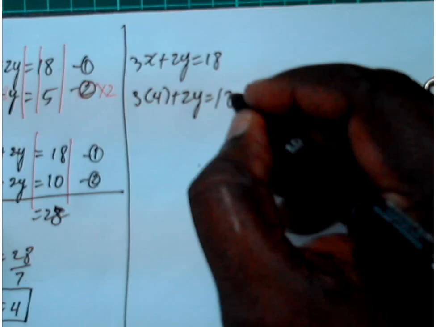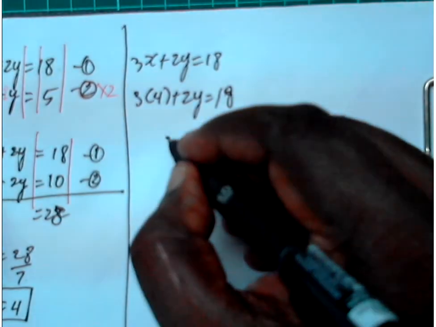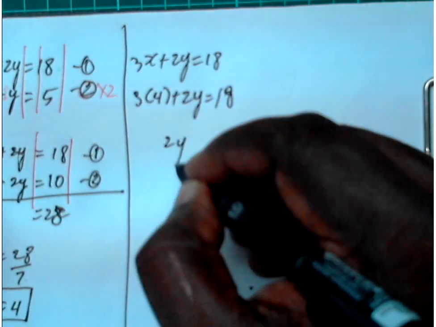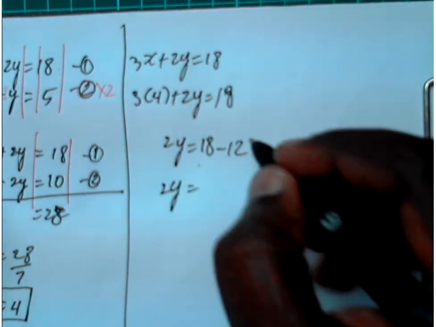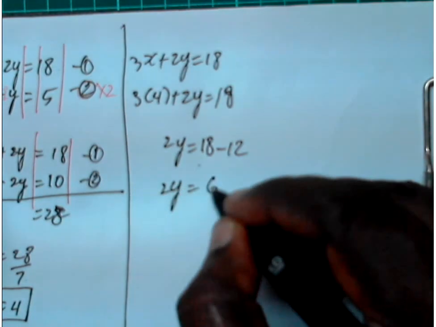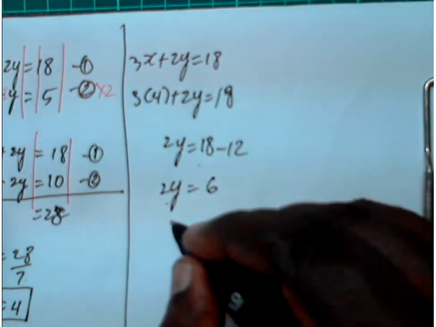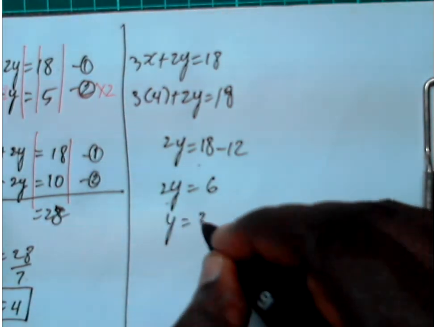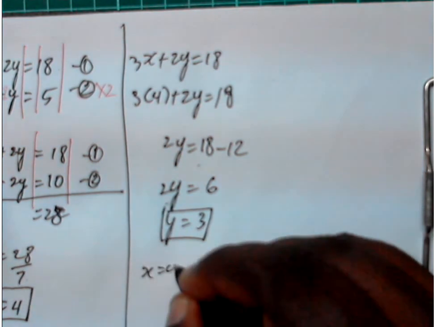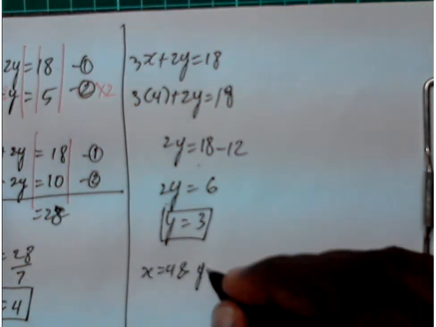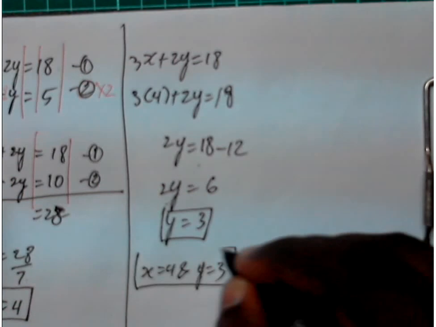Then I have 2y is equal to 18 minus 12. I get 6. Divide by 2, divide by 2. So y equals 3. So I have x equals 4 and y equals 3 as my two answers.